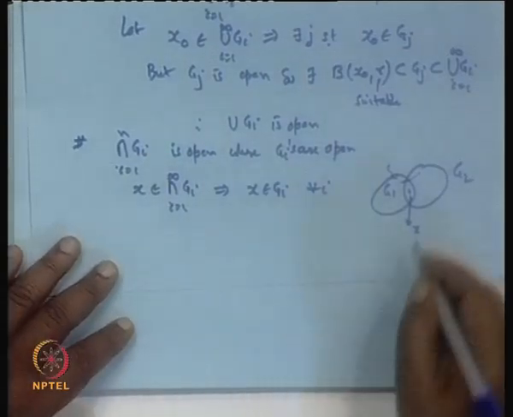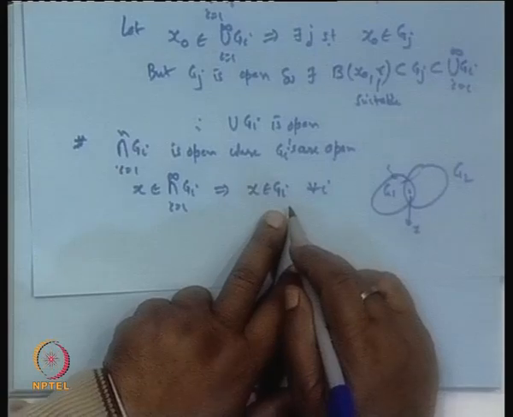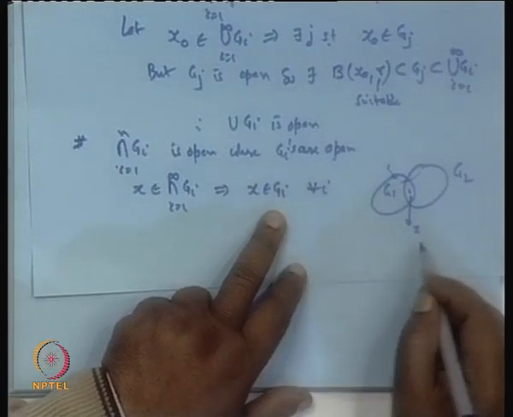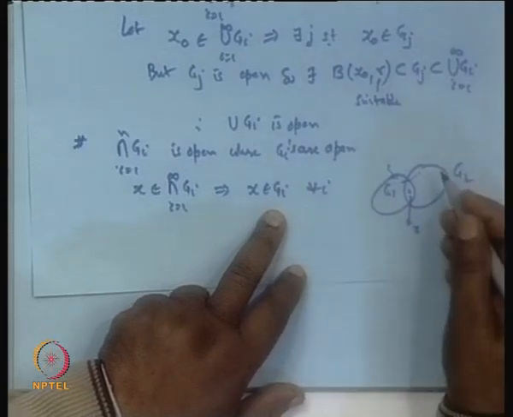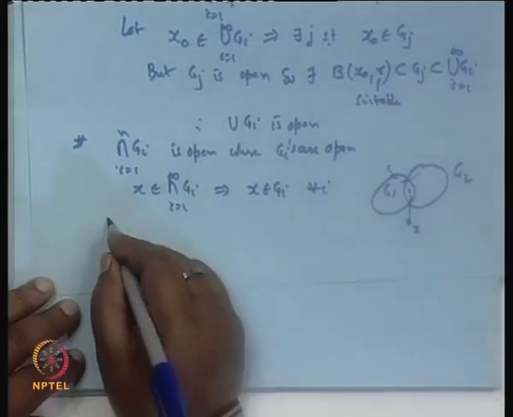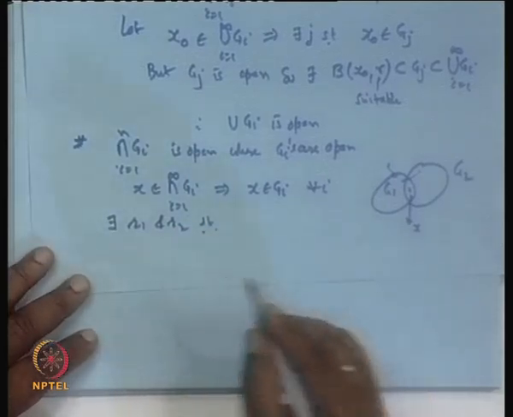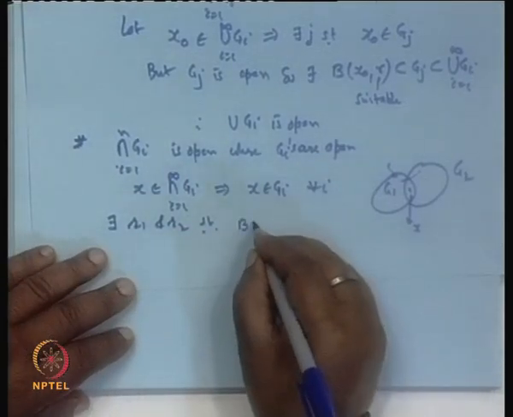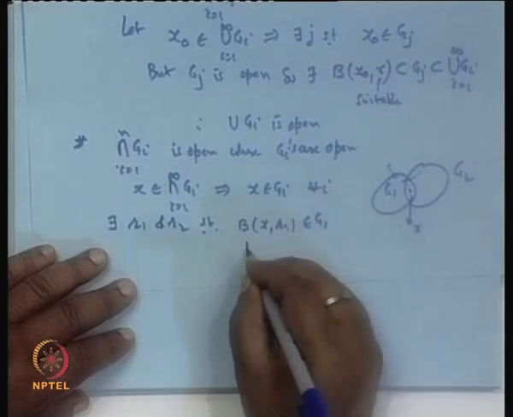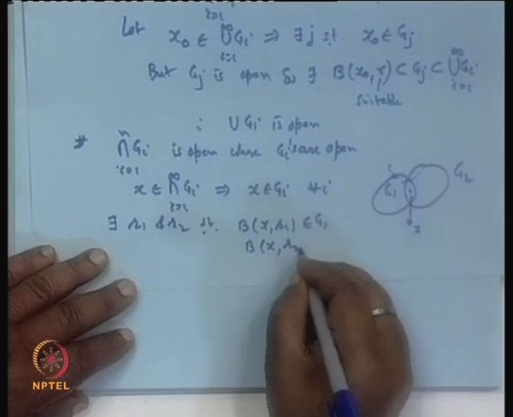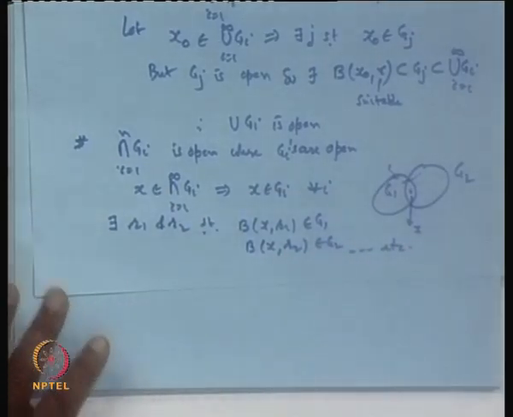So, now, x belongs to each G i and G i is open. So, there must be a ball around the point x which is available in G 1, then maybe there is another ball available in G 2. So, there exist R 1 and R 2 such that the open ball centered at x and radius R 1 belongs to G 1, the open ball centered at x and radius R 2 belongs to G 2, etcetera. Is it okay?